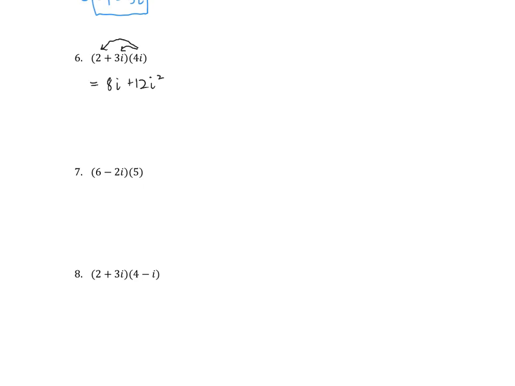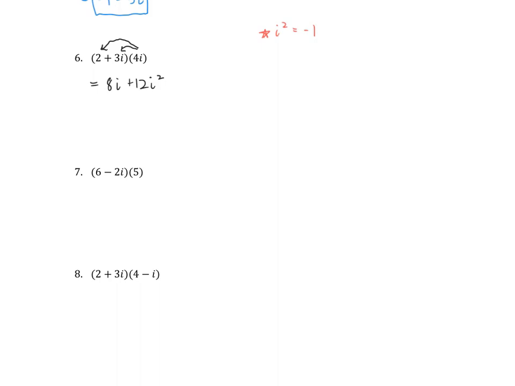Now here you need to know that i squared is equal to -1. Okay? Anytime you have an exponent on an i, you want to completely reduce that. So your answer is not considered simplified if you have any exponent on an i. You have to keep simplifying it.